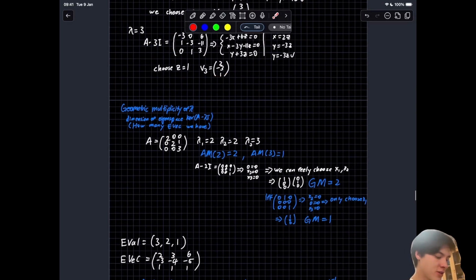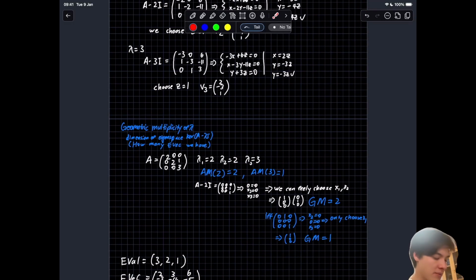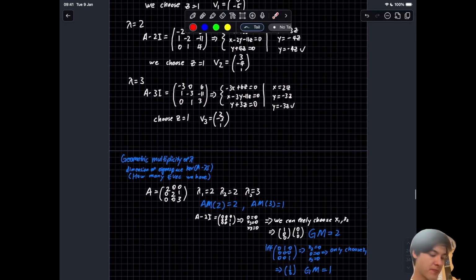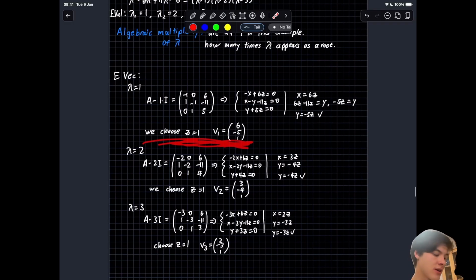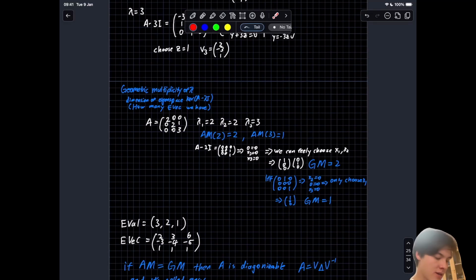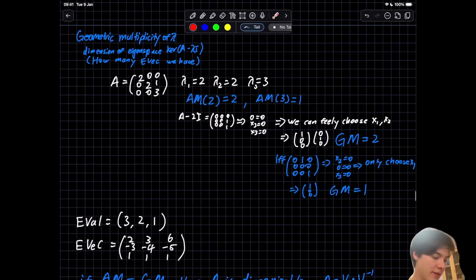Then there's also the geometric multiplicity of an eigenvalue. It's the dimension of the eigenspace of this. So it's basically how many eigenvectors we have for that eigenvalue. In the previous case, we only have one eigenvector per eigenvalue. But let's say, for example, in this example we would have 2 as lambda twice.